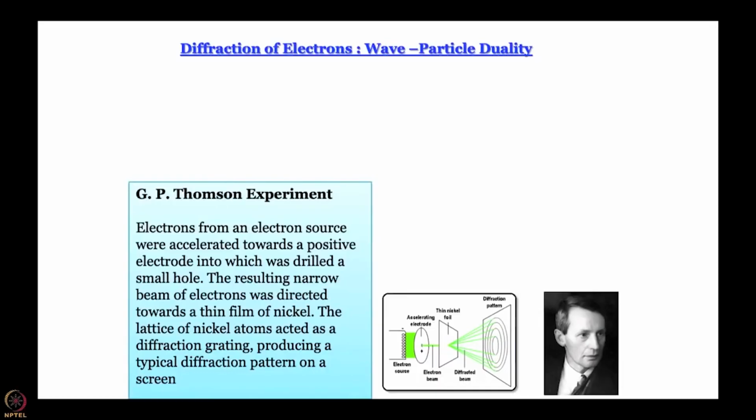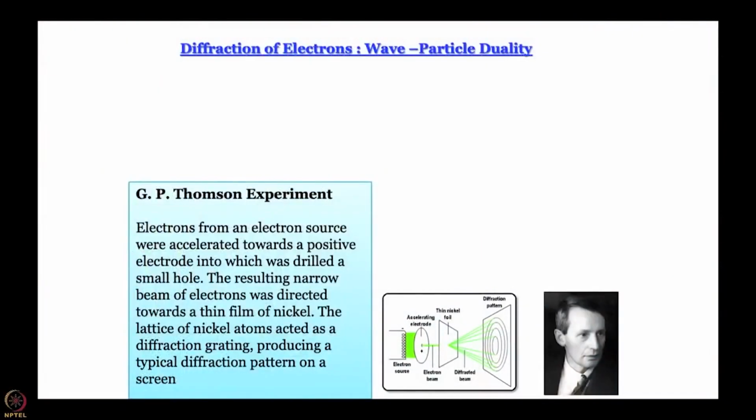The other experiment, quite similar, was performed by G.P. Thomson. In the G.P. Thomson experiment, electrons from an electron source were accelerated towards a positive electrode in which a hole was drilled, as I said a little while ago. The resulting narrow beam of electrons was directed through a thin film of nickel. The difference between this experiment and the earlier Davisson-Germer experiment is that Davisson-Germer was done in a reflective mode, while G.P. Thomson's experiment is performed in a transmission mode.